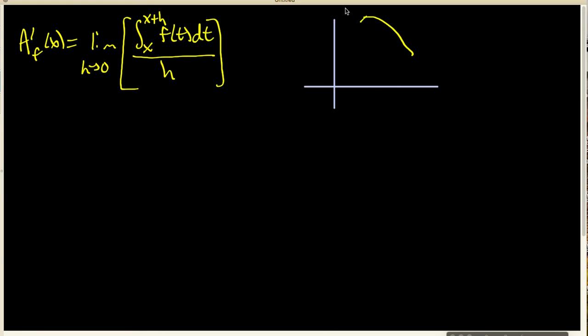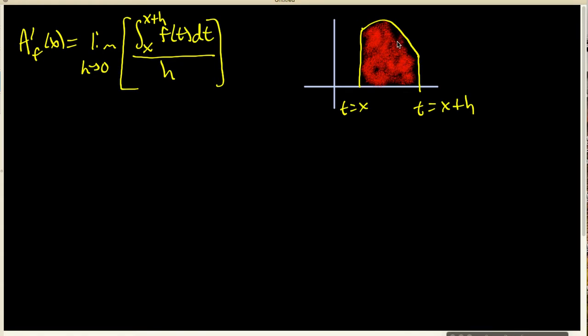Let me clean that up just a little bit. Make a little bit better of a function. My function was doing something like this, where this is t equals x, and this endpoint is t equals x plus h. And the red area is this area underneath the curve and between x and x plus h.